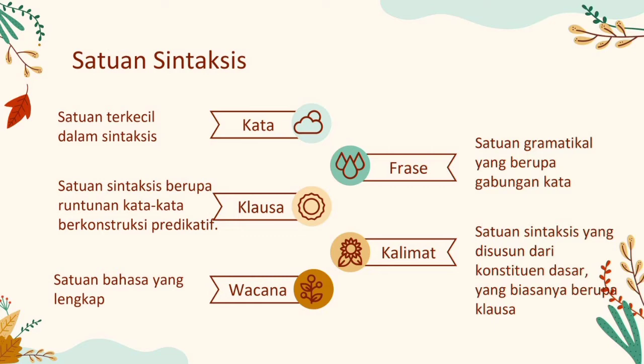And then number 5, nominal clauses: clauses whose predicates are nouns or nominal phrases. Number 6, adjective clauses: clauses whose predicate is in the adjective category, either in the form of words or phrases. And then adverbial clauses: clauses whose predicates are phrases categorized as prepositional.